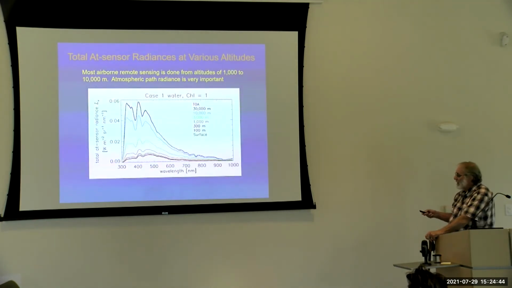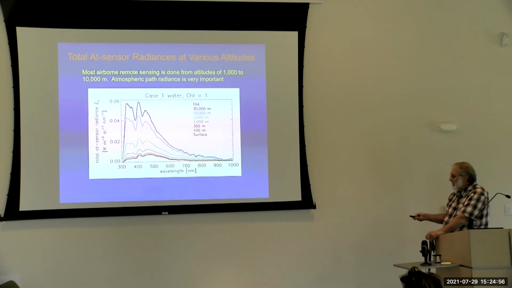Here's the same thing, the total at-sensor radiances as a function of elevation of the sensor. So at the surface, here we are down here, and you know, here's 1,000 meters, 3,000 meters, blah, blah, blah. And once you're up to 30,000 meters elevation, you're essentially in outer space.